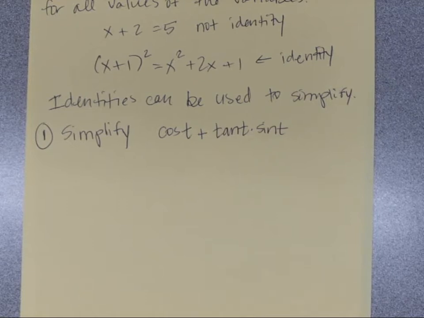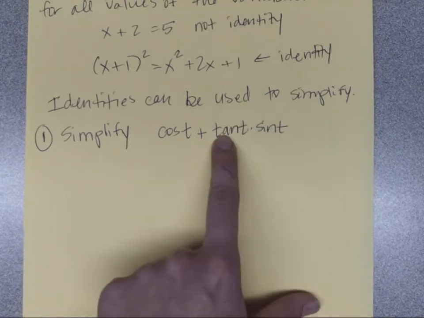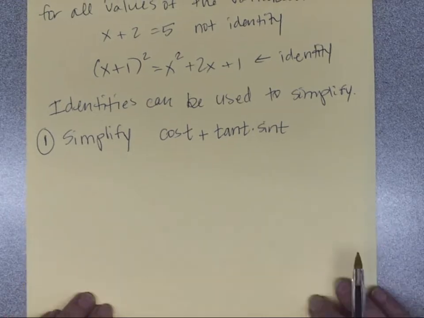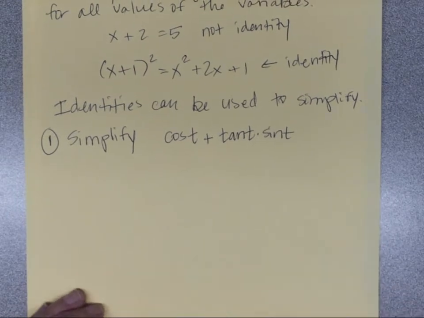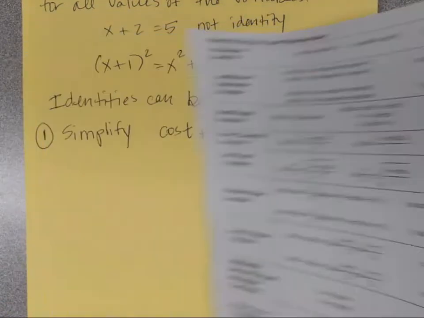So if you'll notice, I have a cosine here and I have a sine here, and I can rewrite tangent as sine over cosine. So just real quick before I get into this, let's write down the things that we actually know here. So I'm actually going to write it on the back of my formula chart here. The things that we know that we can plug in.